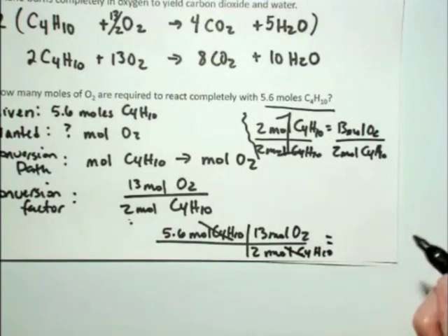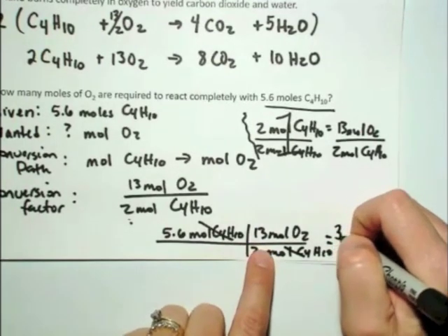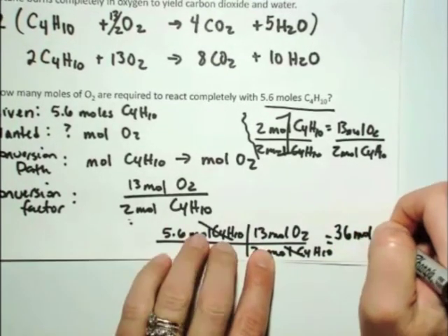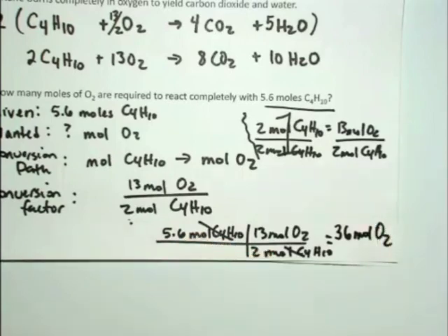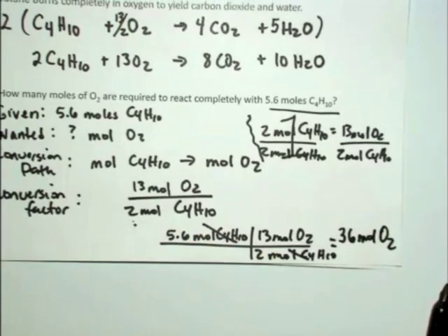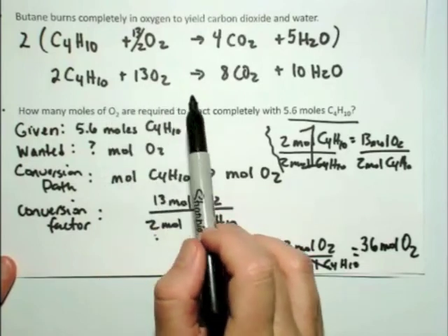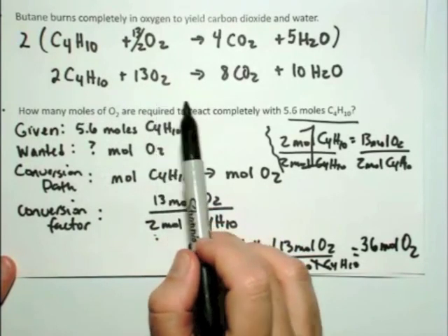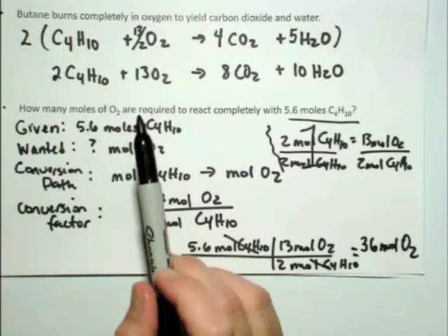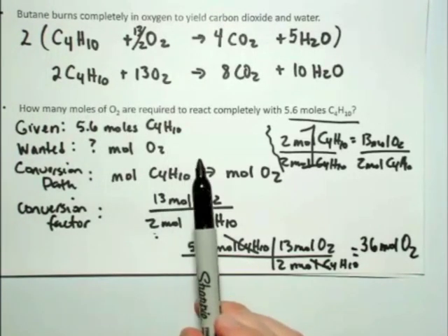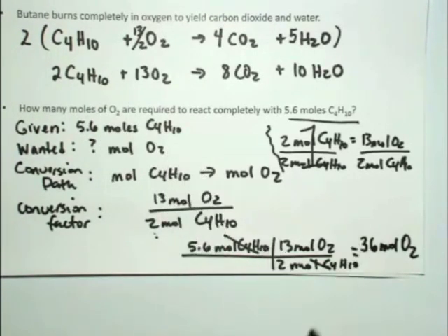And so when you do the math there, you get 36 moles of oxygen. So that's how we use our balanced chemical equation to predict, given a certain quantity of one reactant, how much of the other reactant I'm going to need. In this case, we were given a certain amount of butane, and we're going to predict how much oxygen we're going to need to react all that away, and it's 36 moles.